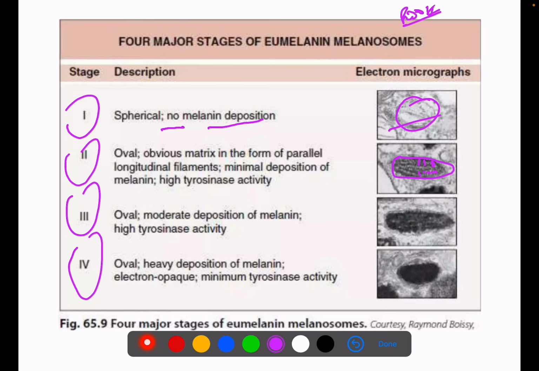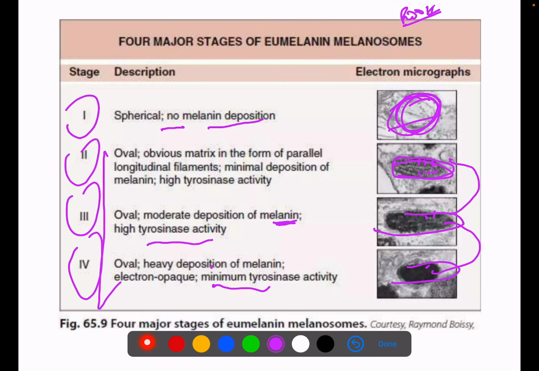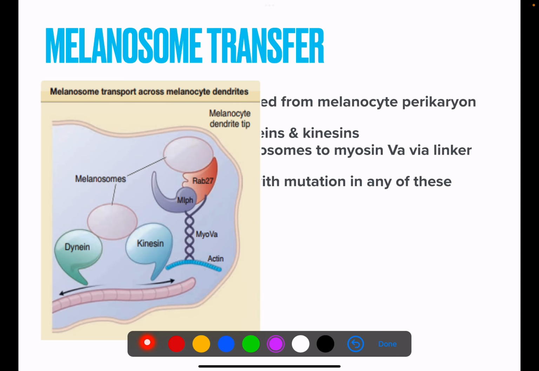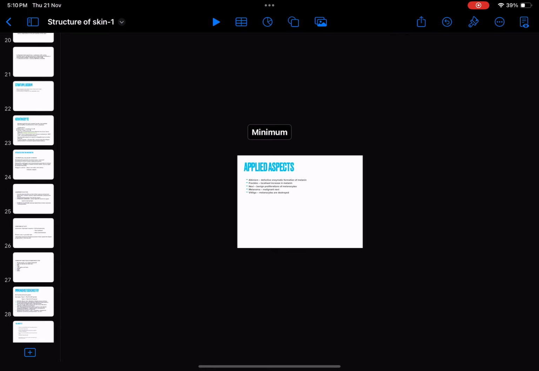Stage 3: oval and moderate deposition of melanin, less dark than the next but darker than the previous, high tyrosinase activity. Stage 4: minimum tyrosinase activity. Just in order it is going, right? Here it is spherical, then oval, oval. Okay, these are the four major stages of melanosomes. So melanosome transfer. Okay, one second.